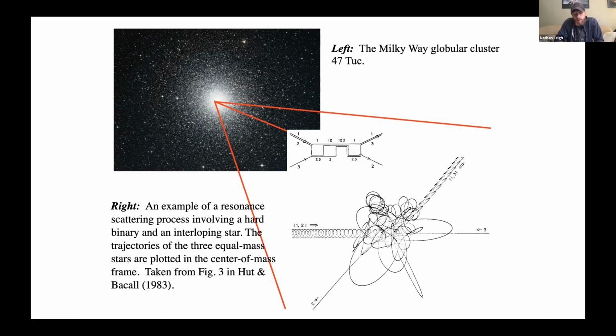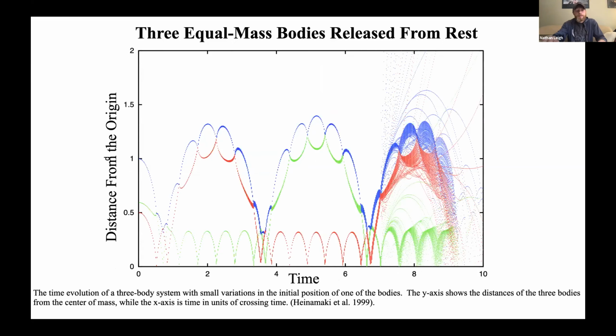And you can imagine if object 3 is a black hole, then what this did is it exchanged a black hole into a binary. And so if this happens a second time via a second exchange interaction, then we end up with two black holes in a binary that could later merge due to gravitational wave emission and be detected via gravitational wave observatories. And this is how the dynamical channel works.